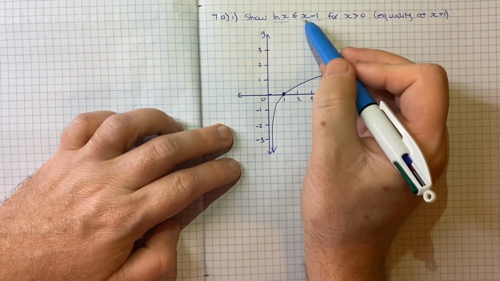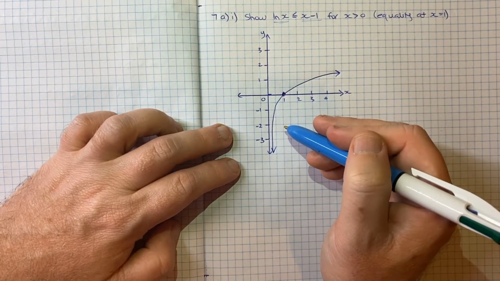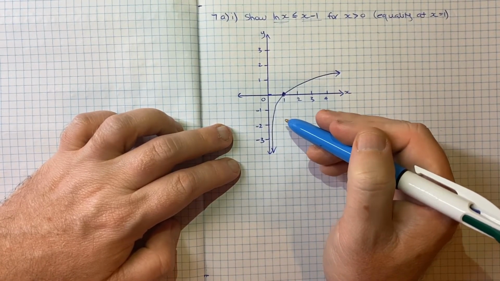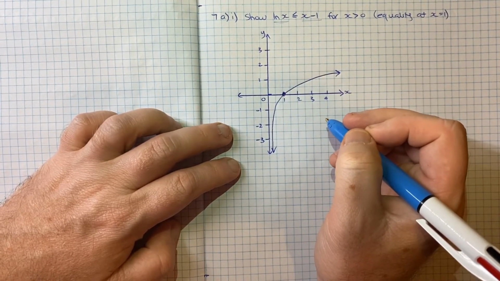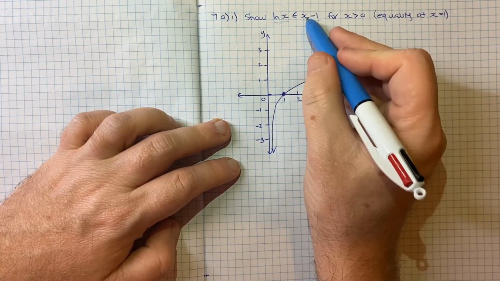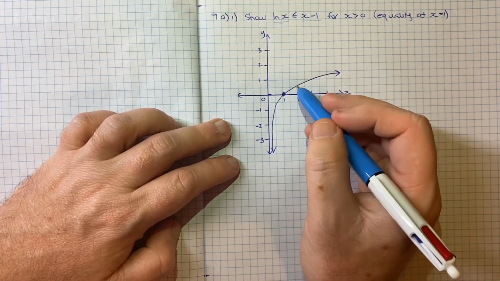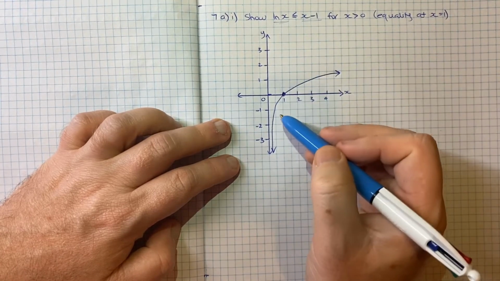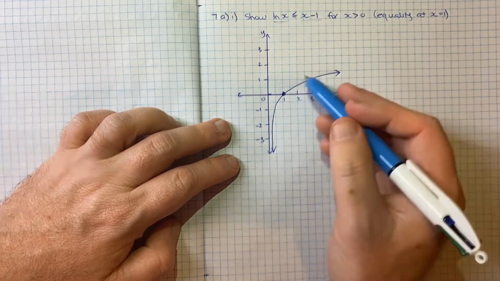Now again, the line x minus 1 should hopefully be very simple for any 4-unit student to chart. It's a straight line, basically y is equal to x shifted down by 1, but you can just pick values of x and get the values of y.